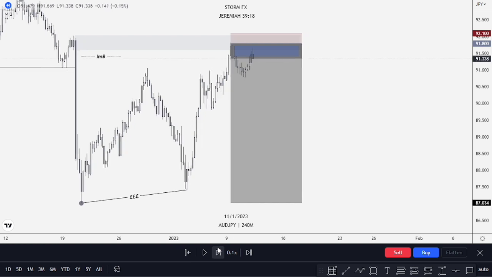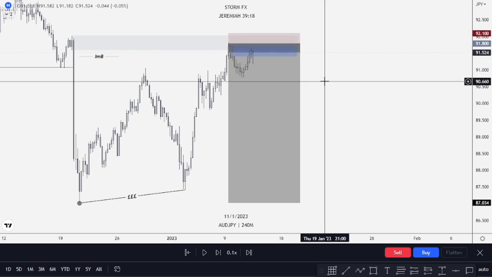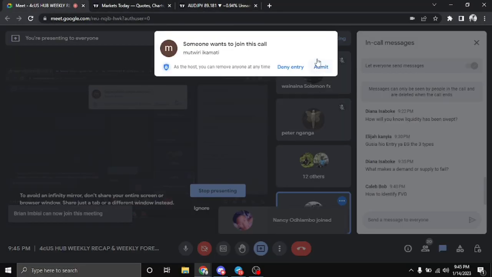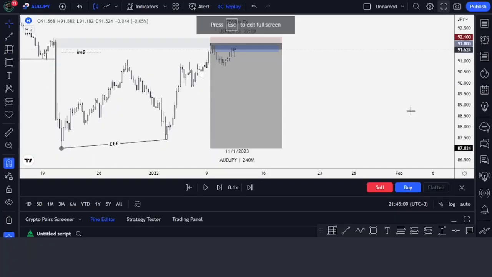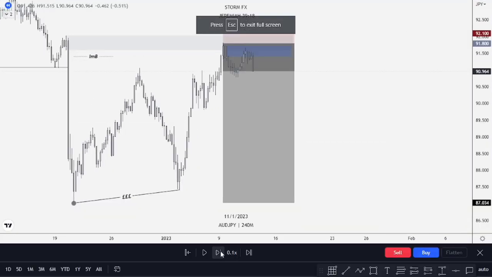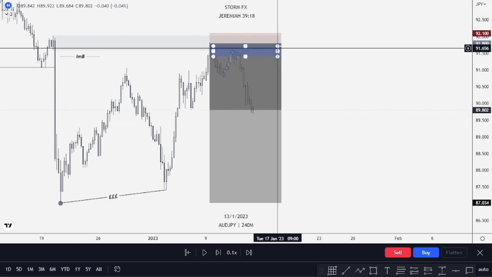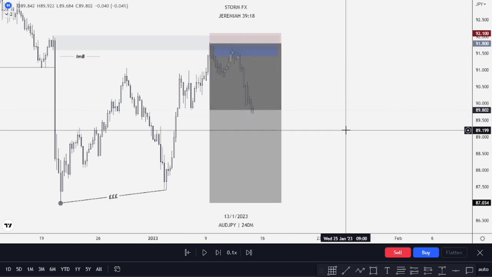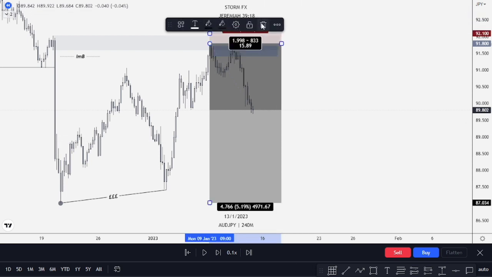And so it came back, mitigated those weeks, and then price started dropping to the downside. So there are some who fear re-entry, but there was a re-entry inside these weeks.